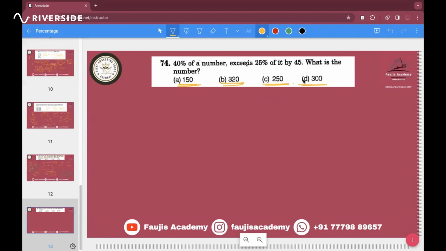Which one of these four numbers is the most simplistic looking? It seems 300 by gut feeling, right? I'm not telling you to do inky pinky ponky. By gut feeling. So let's pick up 300 and post-mortem. Let's assume D is the correct answer. Assumption. We'll go by options.